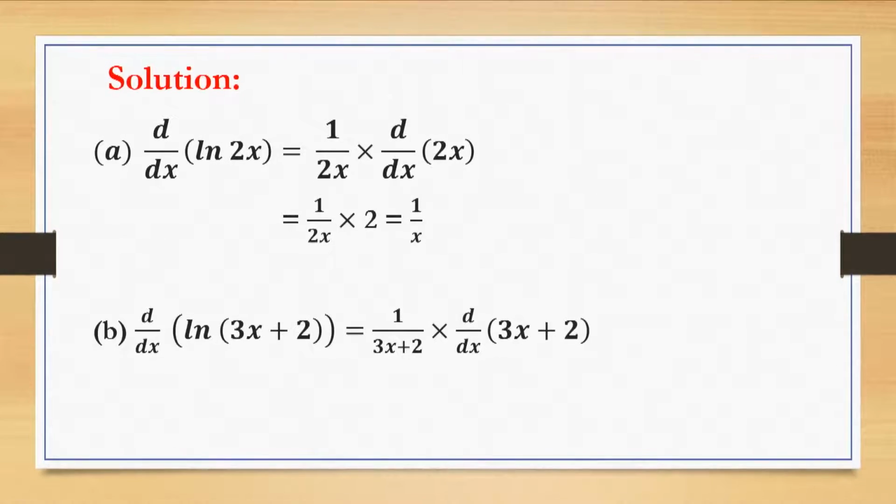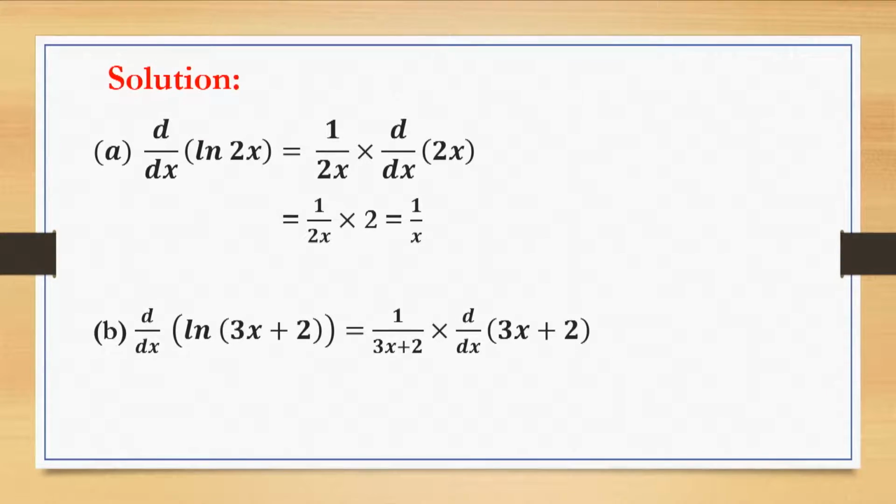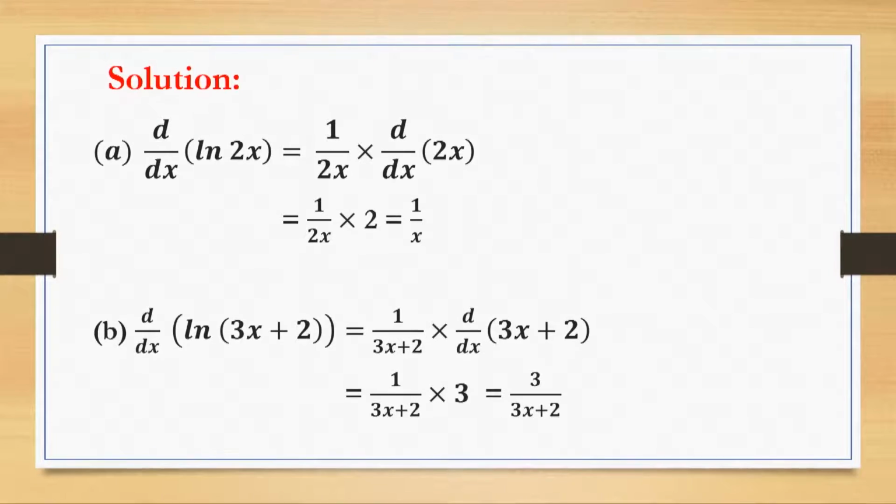Part B, differentiation of ln(3x plus 2) will give me 1 over the function, that is 1 over 3x plus 2, times the derivative of the bracket, that is times the derivative of 3x plus 2, which is 3. So, I get 3 over 3x plus 2.